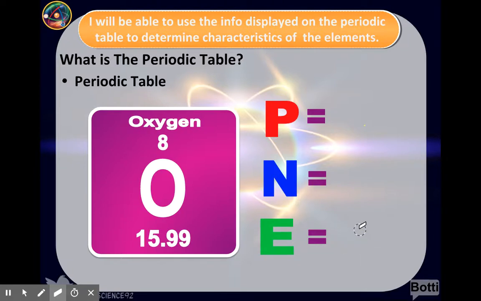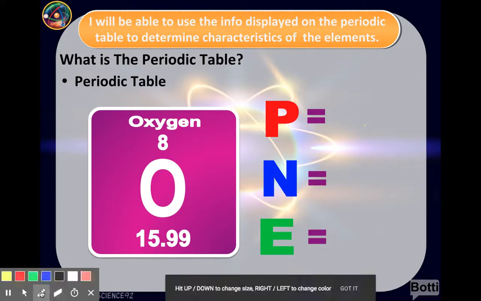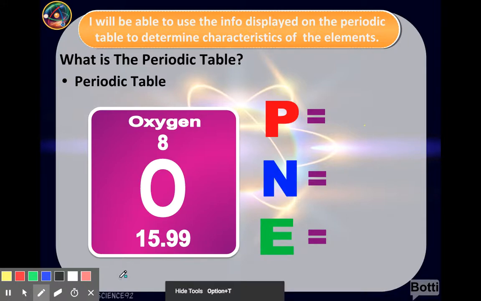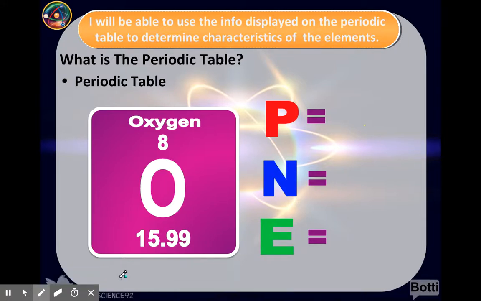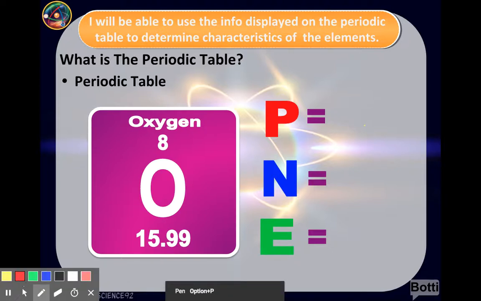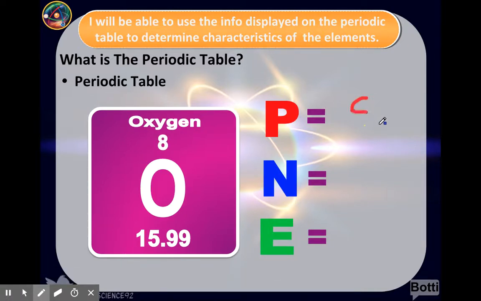All right. So the next element we are going to look at is oxygen. Oxygen has an atomic number of 8 and an atomic mass of 15.99, which we'll round up to 16. So we know that if we have an atomic number of 8, we have 8 protons.